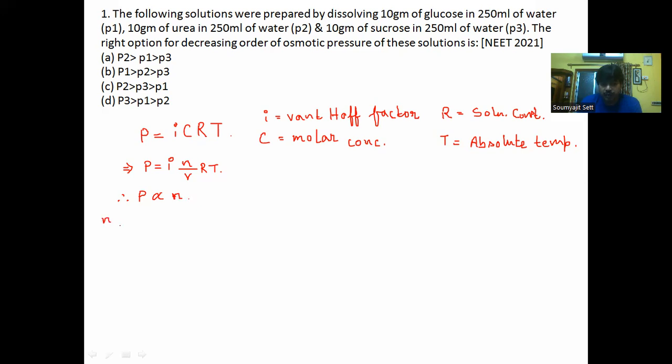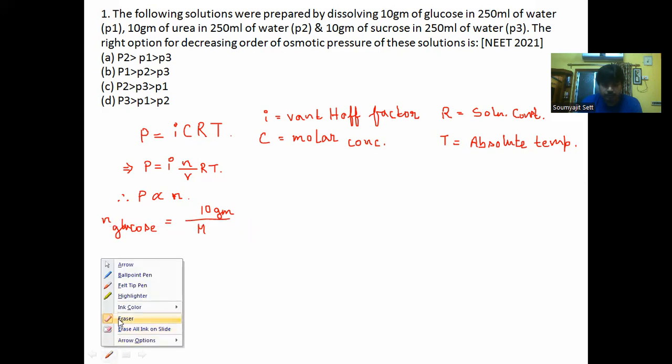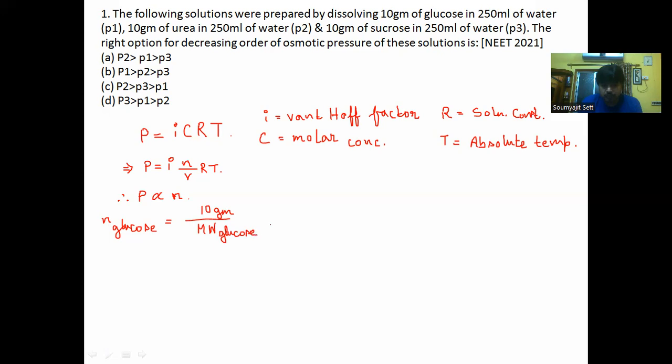So n of glucose, that is 10 gram of glucose divided by molecular weight of glucose. So 10 by 180.